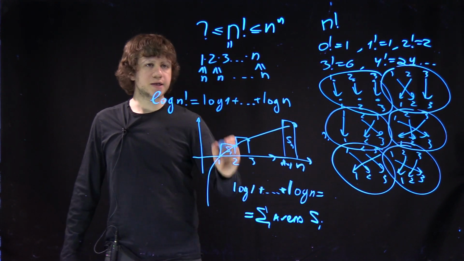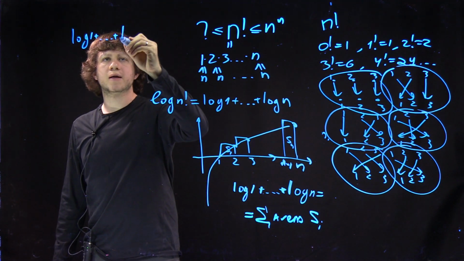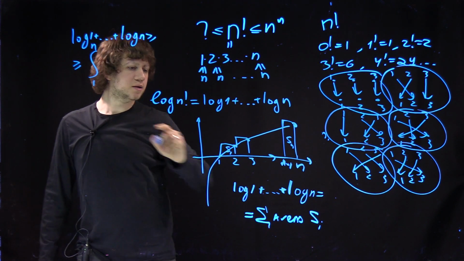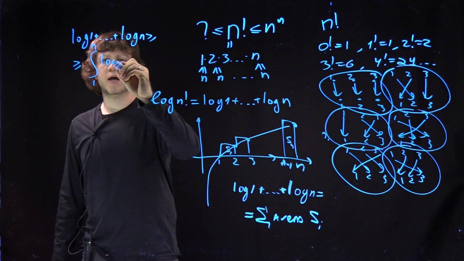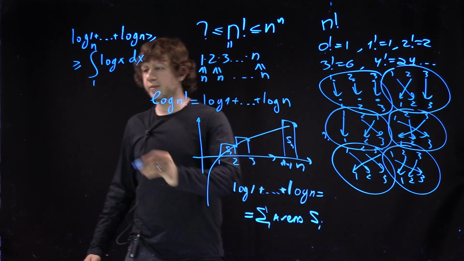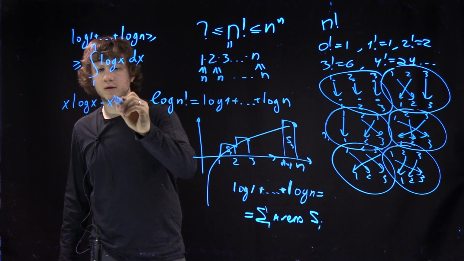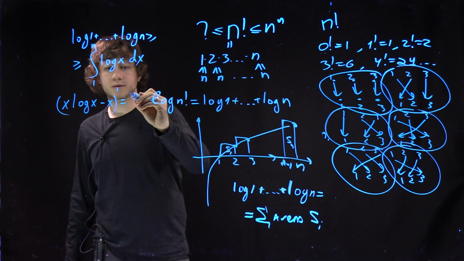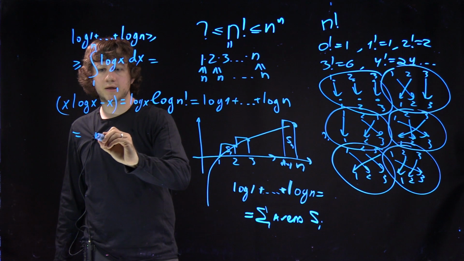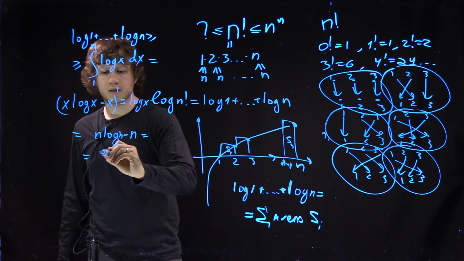And then it means that logarithm 1 plus and so on plus logarithm n is greater or equal than the integral from 1 up to n of logarithm x dx. This integral is easy to compute, maybe not the simplest one, but actually quite simple. So this one is this.